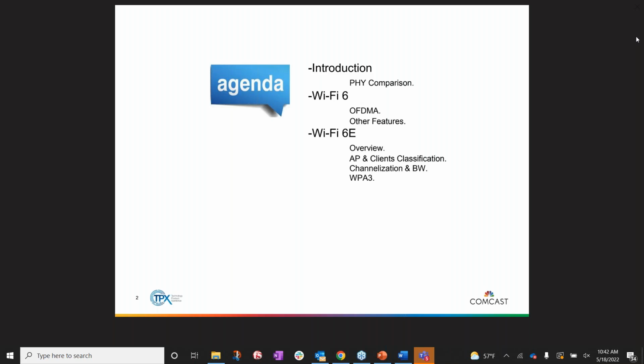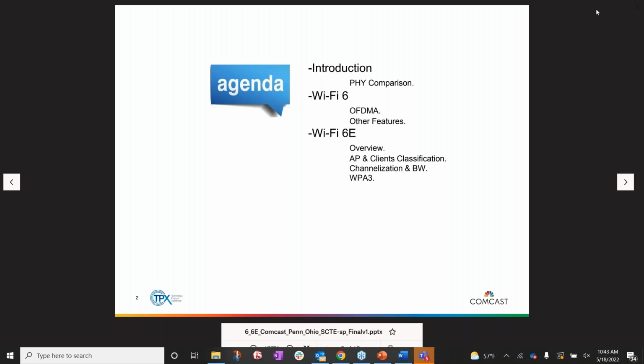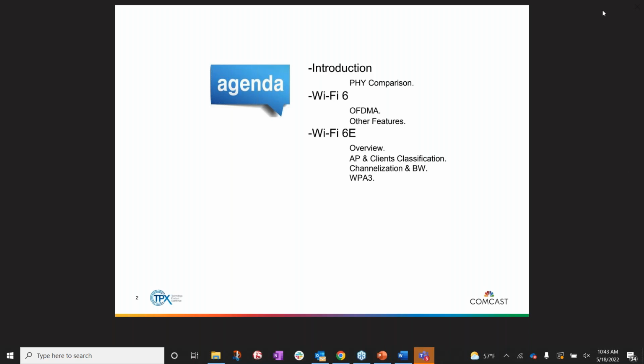In Wi-Fi 6E, we'll cover the overview, the types of access points and client classification, the channelization and bandwidth, and another important aspect in terms of security, that is WPA3. Can we go to the next slide, please?